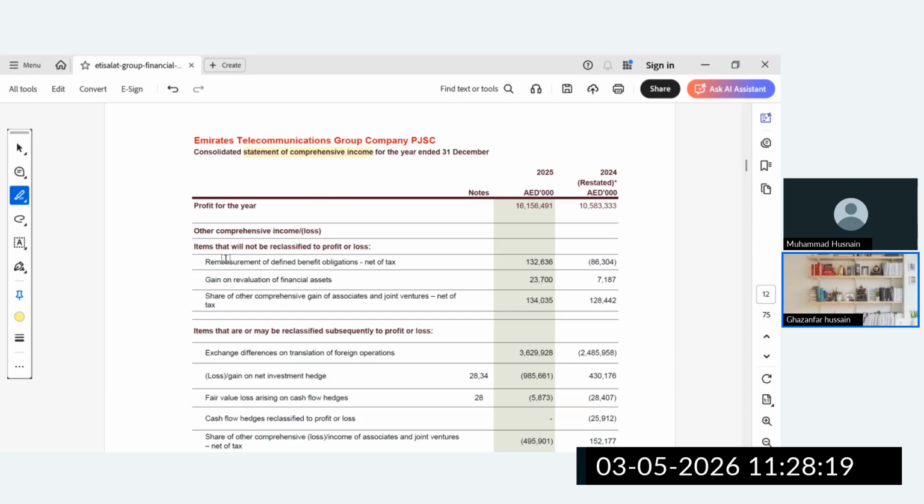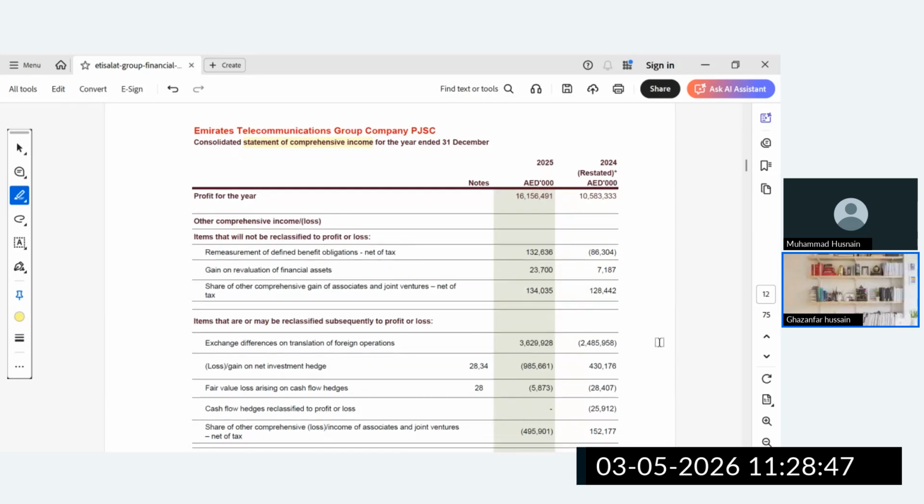Items that will not be reclassified to profit and loss. Okay, so certain items are reported over here and they will not go to profit and loss. They will go directly as a balance sheet item or other items. Remeasurement of defined benefits, gain and loss on financial assets. Then the items that may be reclassified subsequently to profit and loss. Now let's go down.